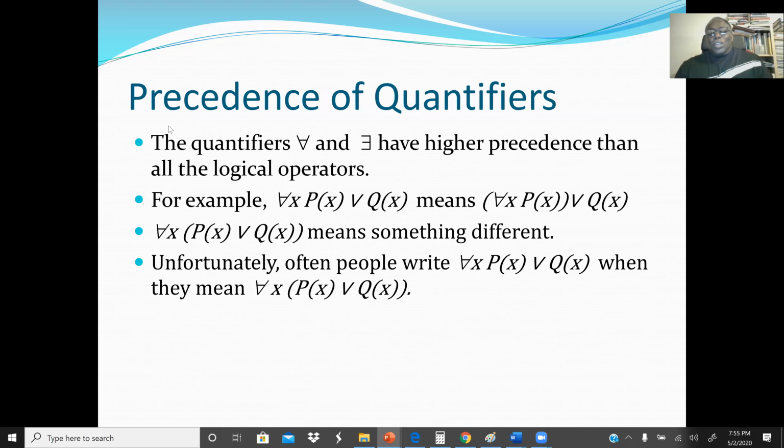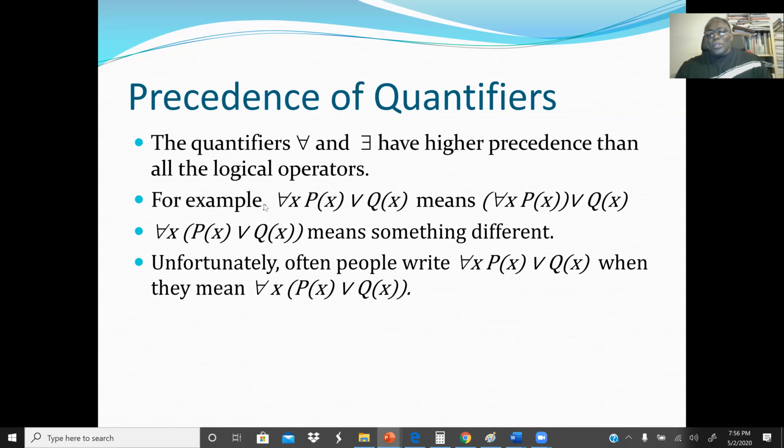Now, the next section, we talk about the precedence of quantifiers. We always say that the quantifiers have higher precedence than the logical operators. Again, when we mention the logical operators, we mean the conjunction, disjunction, or, and not. Those are logical operators. The quantifiers, again, are only the two we are studying here: universal and existential.